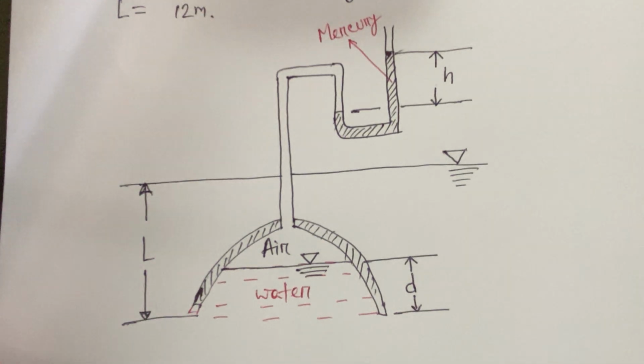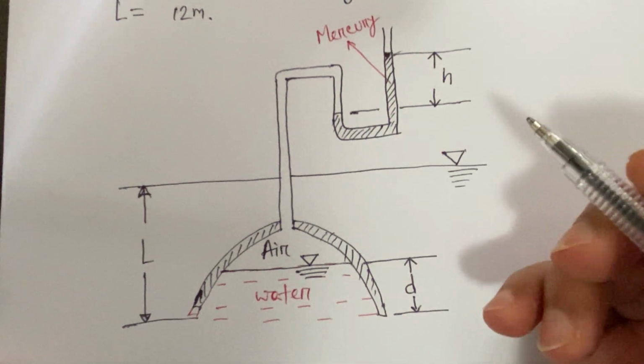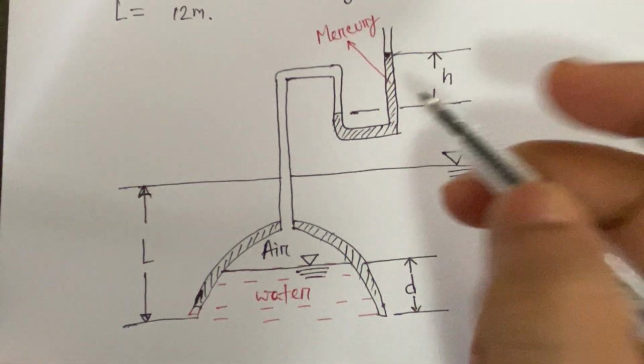If we try to solve this problem, maybe we can define some points. You already know from the previous theory I discussed earlier how pressure measurement works. Here I want to show you a couple of things. Let's put some names.